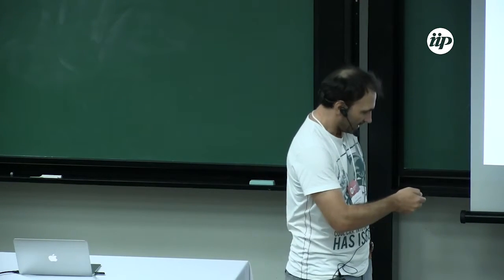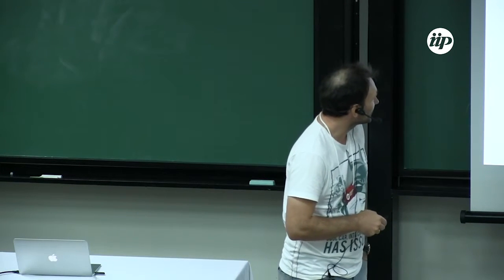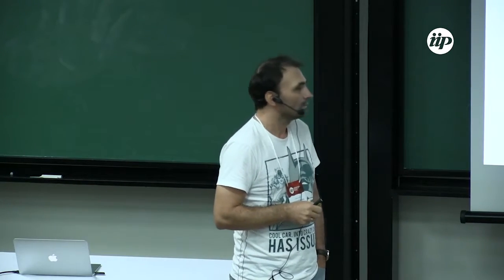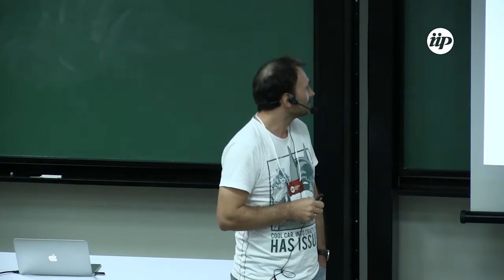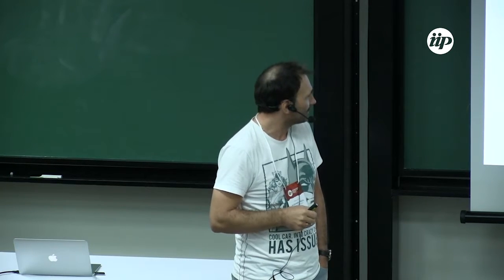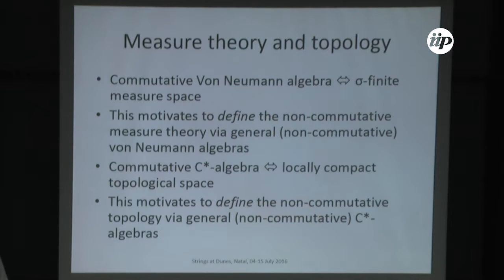So in the first part, I will give a very quick review of relative mathematics, which is used for my further calculations. Essentially, this mathematics is some non-commutative geometry or spectral geometry.